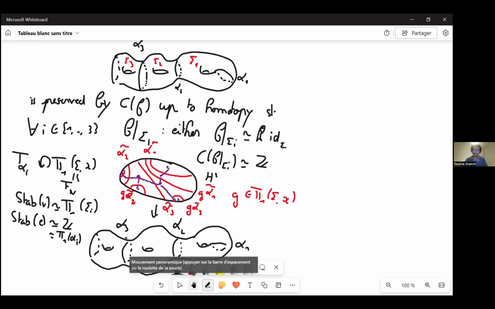And this is how we will construct a decomposition, an FN tree which is preserved by the centralizer, by constructing FN trees which are closely linked with the dynamics of the automorphism.